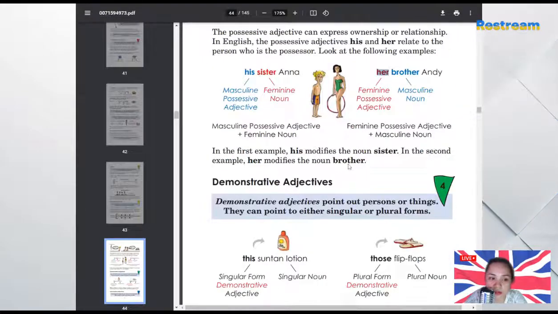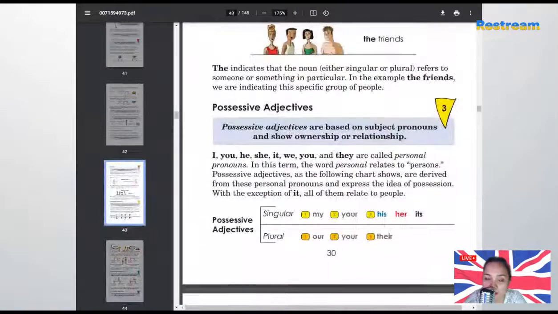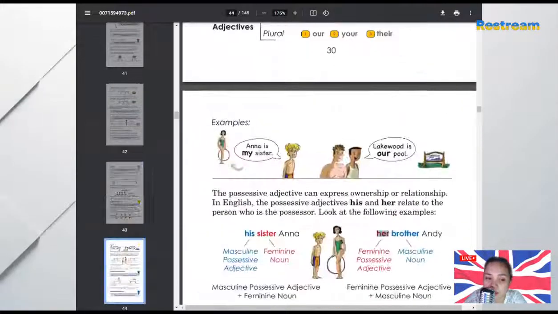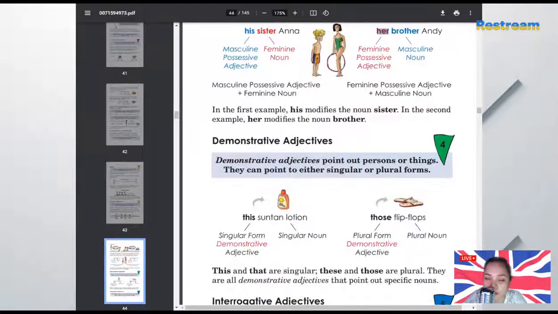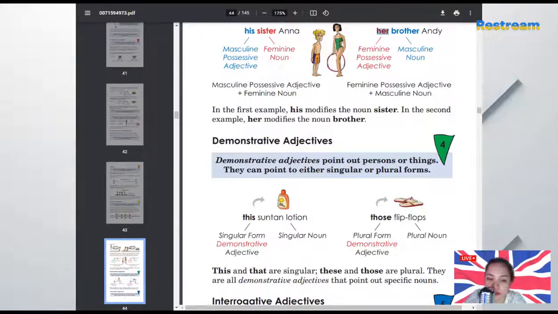Let's go now with the demonstrative adjective. We are done with the descriptive adjectives and the possessive adjectives, so now let's go to the demonstrative adjective. It says here that demonstrative adjectives point out persons or things.